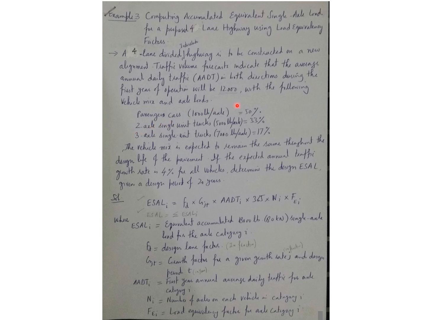So if you just add all these percentages, the sum is equal to 100%. The vehicle mix is expected to remain the same throughout the design life of the pavement. If the expected annual traffic growth rate is 4% for all vehicles, determine the design equivalent single axle load.